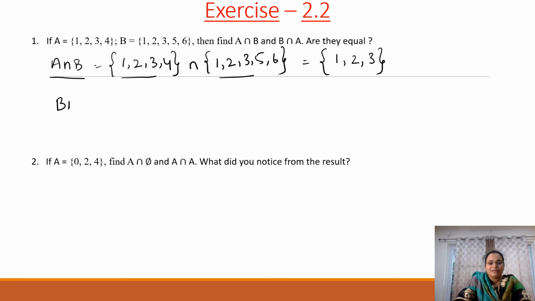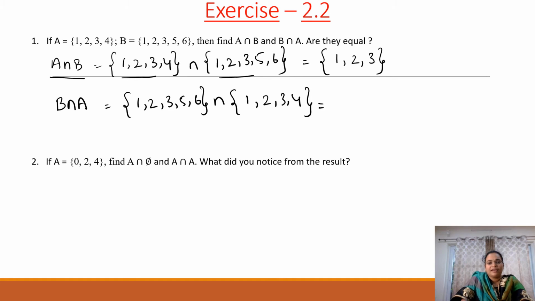Then we need to see B intersection A. What is the set B? 1, 2, 3, 5, 6. Set A is 1, 2, 3, 4. Right? So what is B intersection A? It is 1, 2, 3. 1, 2, 3 are common in both the sets.